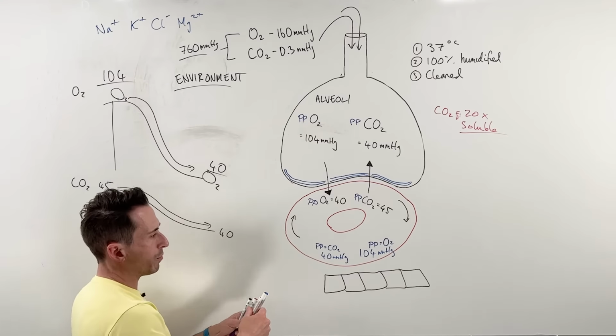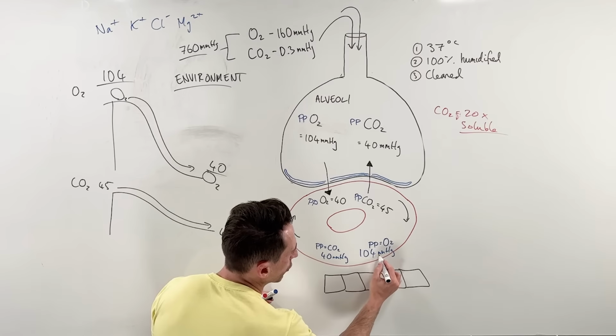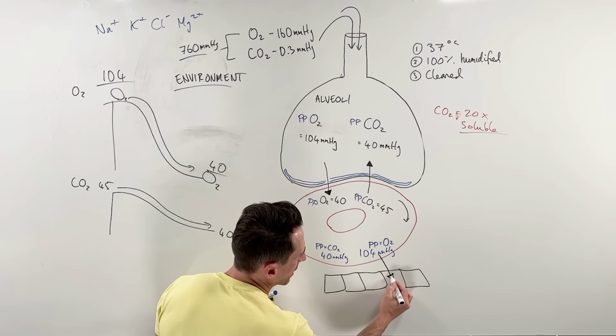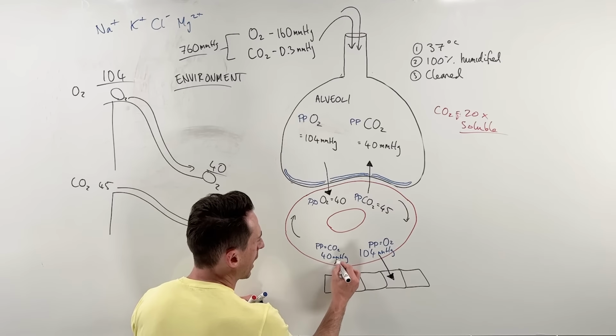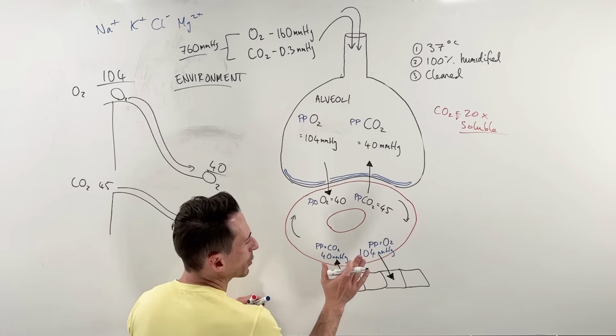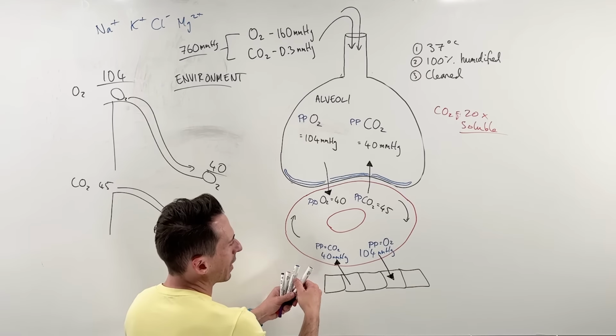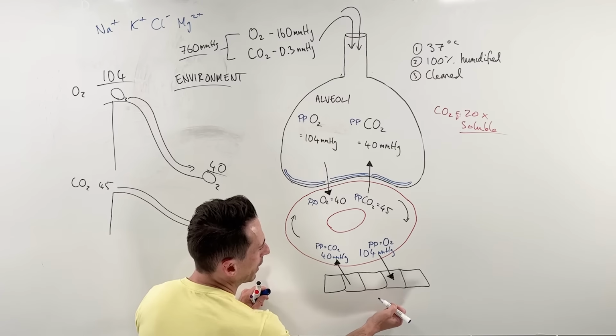Now this is important because we want to deliver oxygen from the bloodstream to the tissues, right? That's its job. And we want to take carbon dioxide from the tissues and throw it into the blood. Again, so we can throw it back out. So again, the partial pressures, what are they? For the oxygen here, the partial pressure needs to be lower here. And it is.